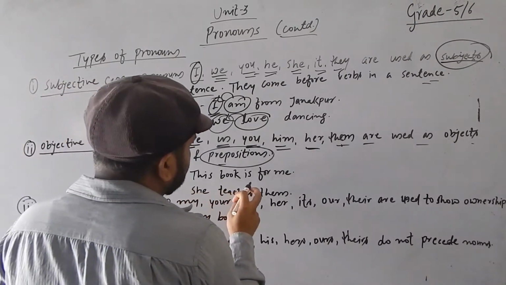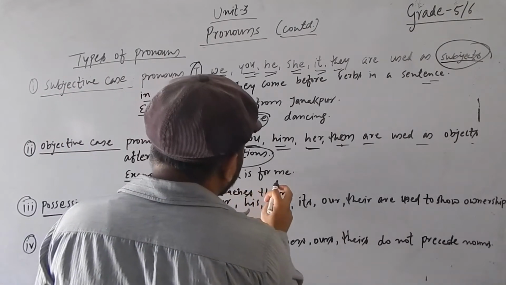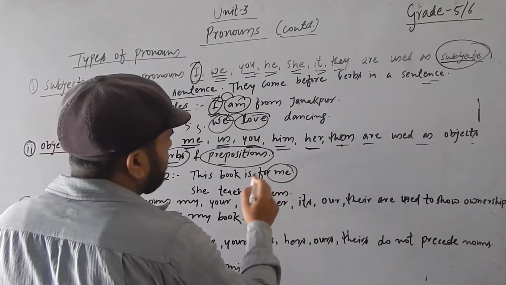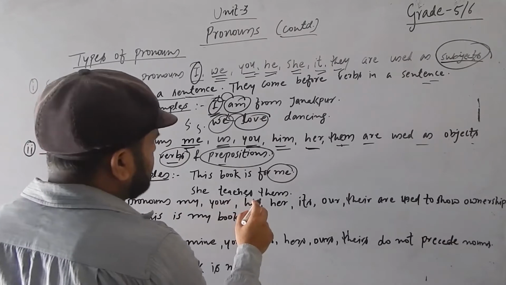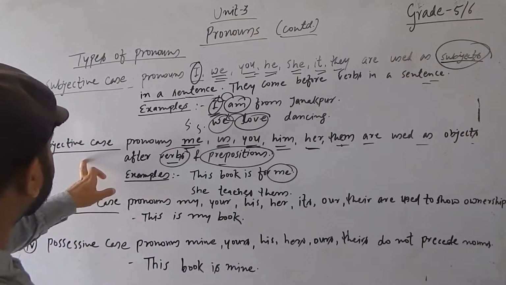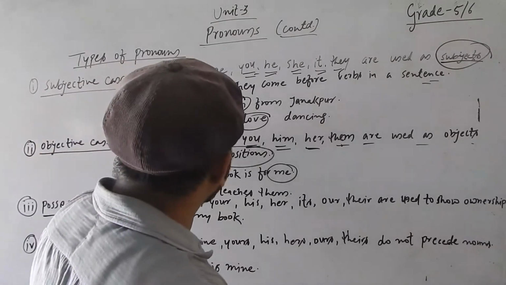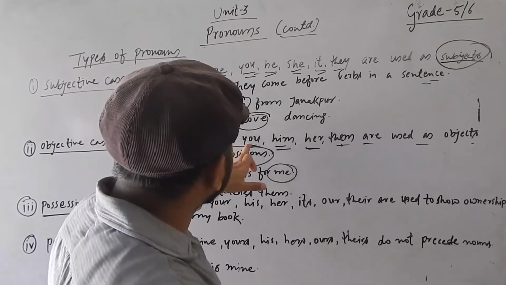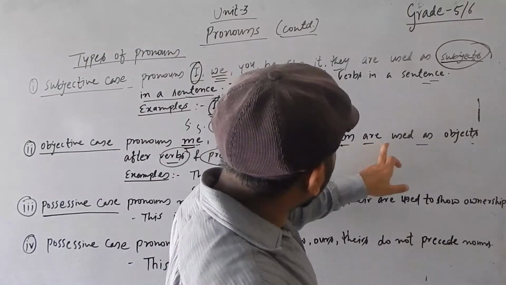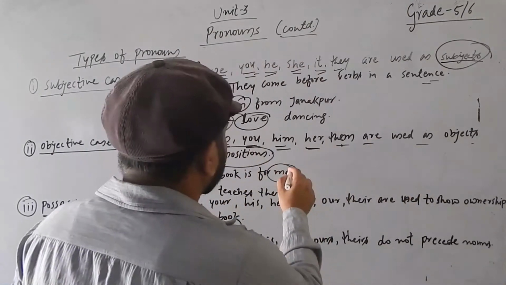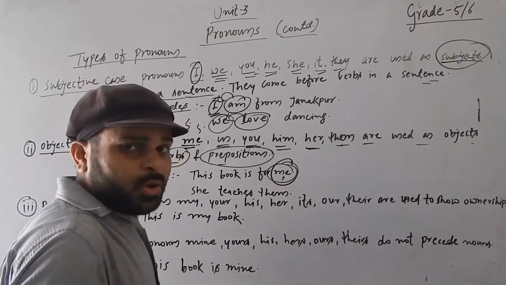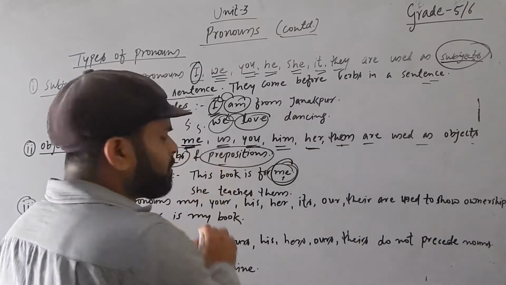Examples: this book is for me. This book is for me. She teaches them. So again, see the definition. Objective pronouns me, us, you, him, her, them are used as objects. Is it here as an object? Me. This is me here.